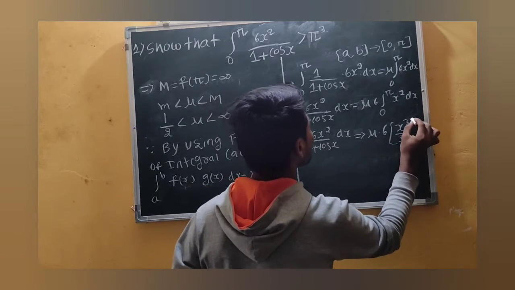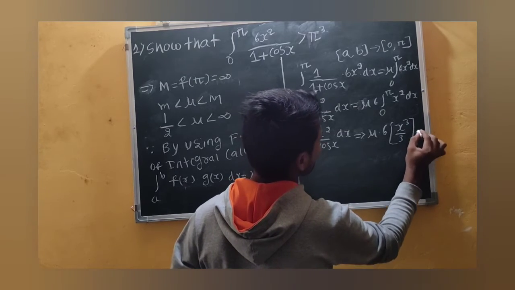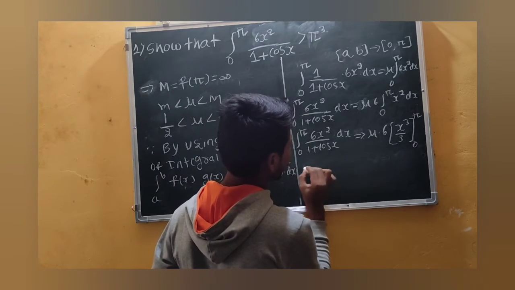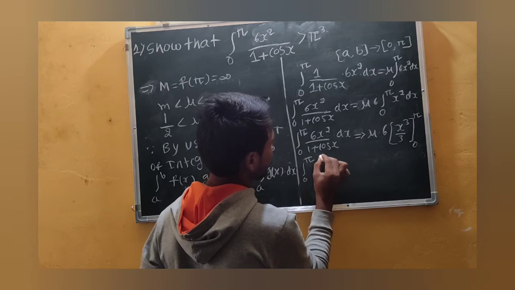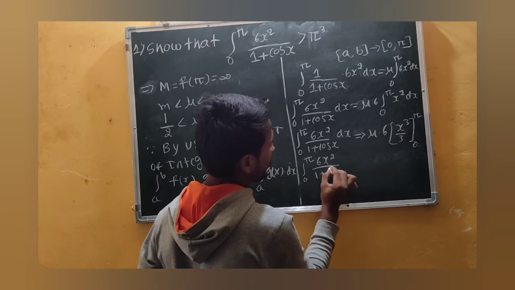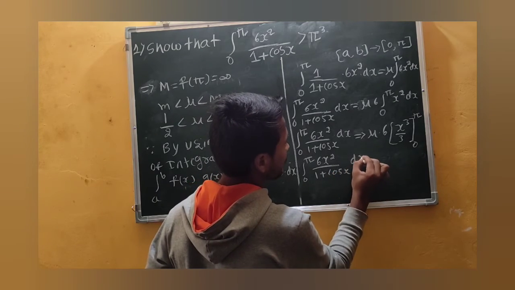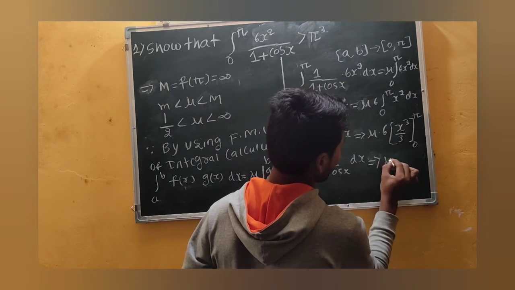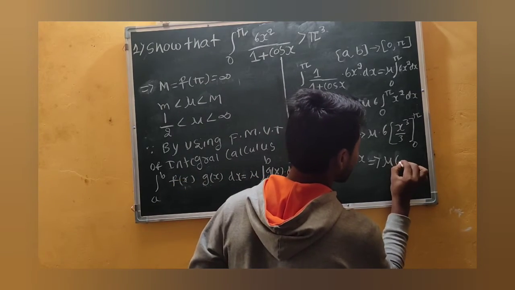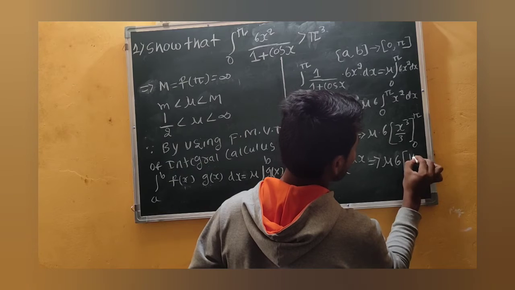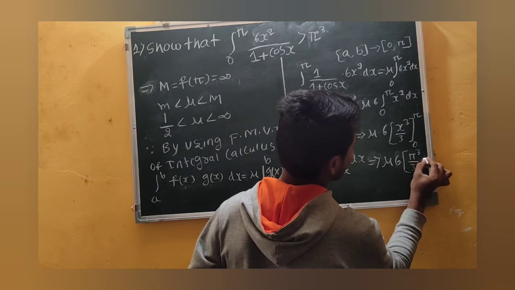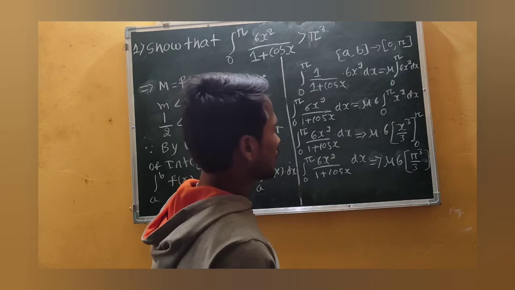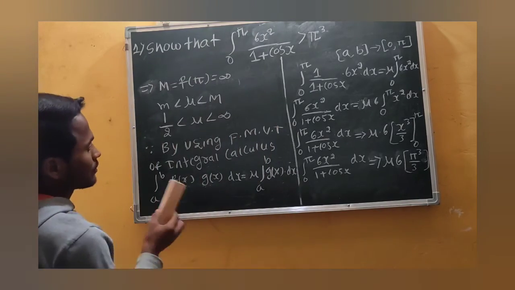Applying upper limit minus lower limit: 6 times, pi cube divided by 3 minus 0 by 3, equal to 0.